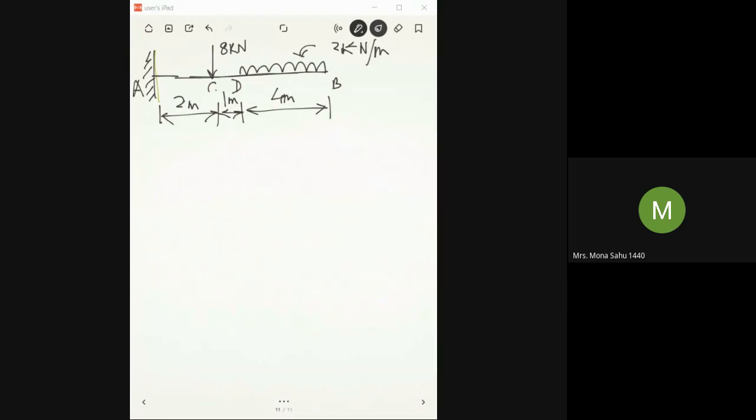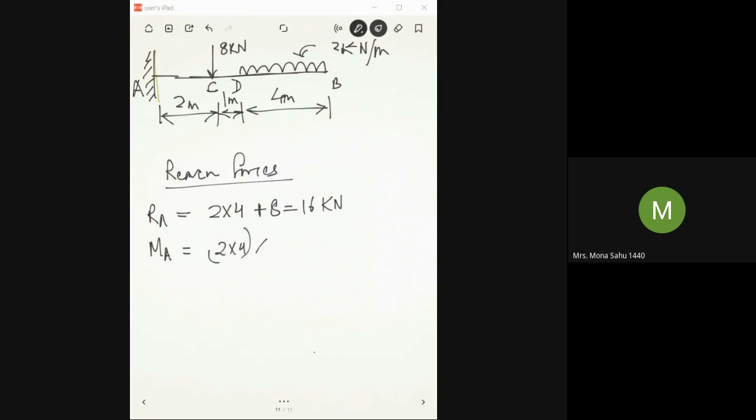Got it? So this is the problem. Let's find the reaction forces first. So for MA, you have 2 multiplied by 4 is the load, multiplied by 3 plus 2.